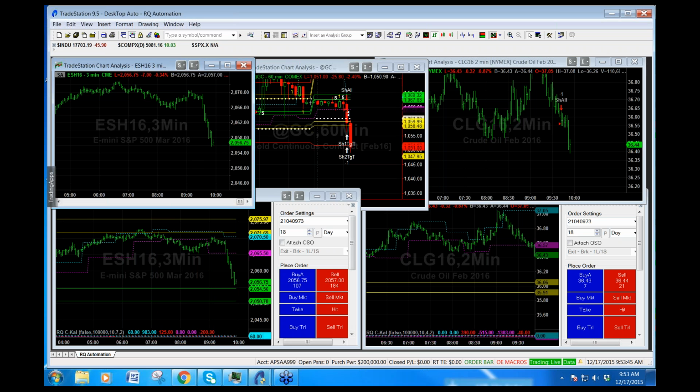Let me show you real quick. I'm going to leave it here to see it close live. If it can continue down a little bit more, I think it'll take profit on crude, or a pullback will also take profit.